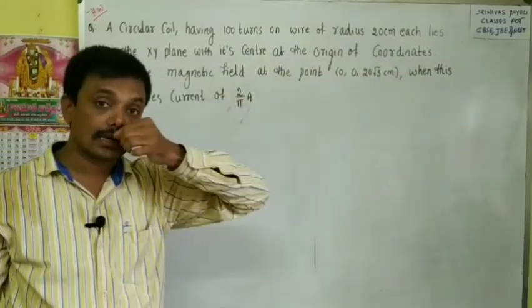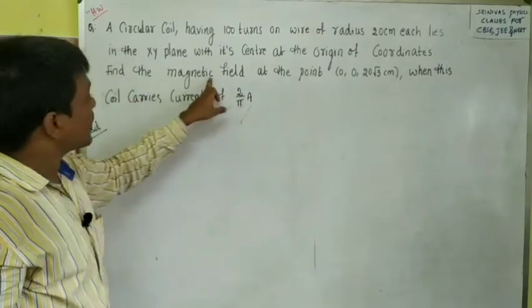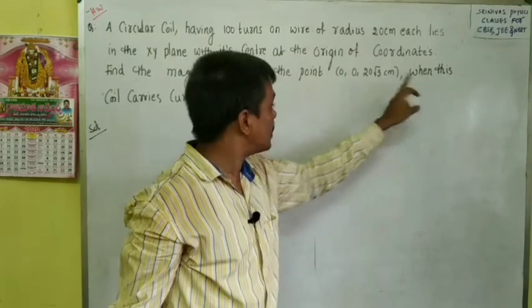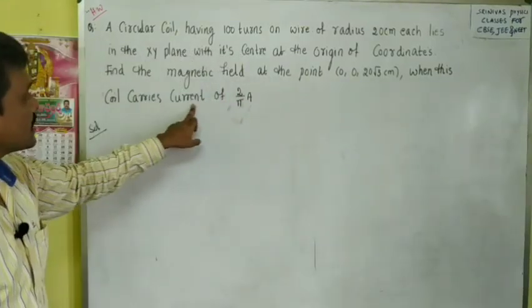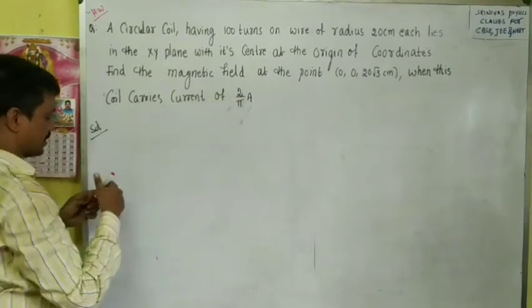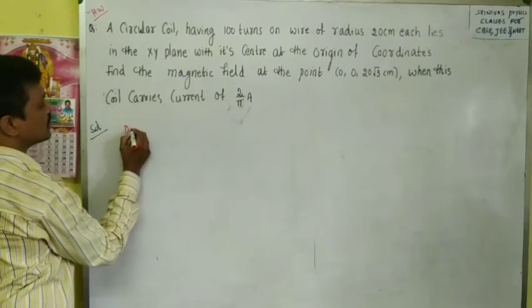Find the magnetic field at a point (0, 0, 20 root 3) centimeter when this coil carries a current of 2 by 3 pi ampere. Okay, and do it.